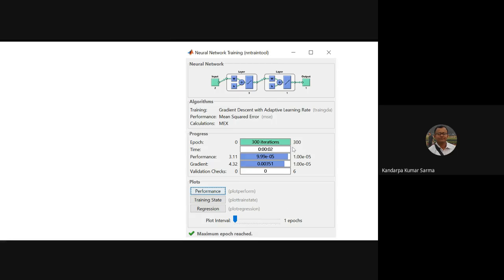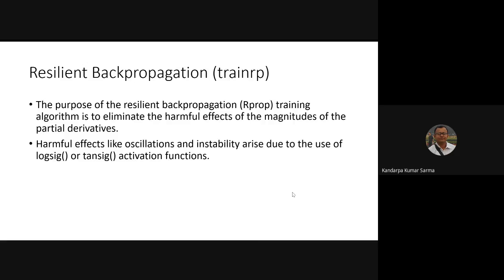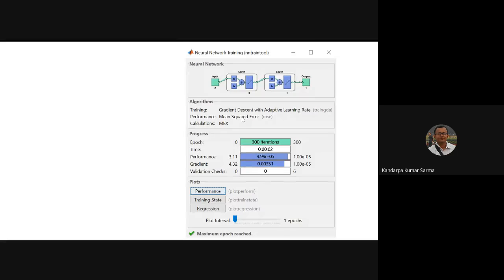It goes up to 300 iterations. So it has reached a performance goal of 9.99 multiplied by 10 to the power minus 5. So it's quite good. The training has been carried out, and we can check its performance also. This is a screenshot of the network structure generated during the training.